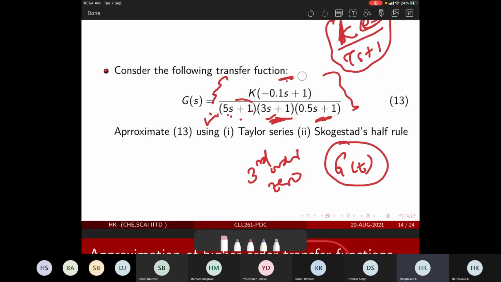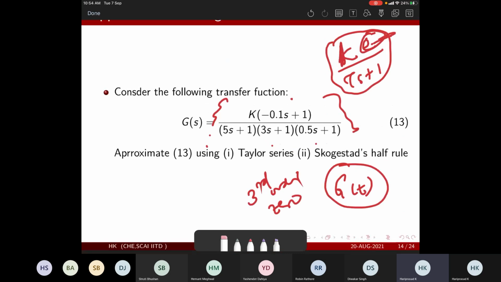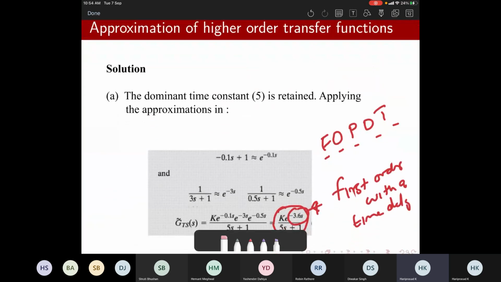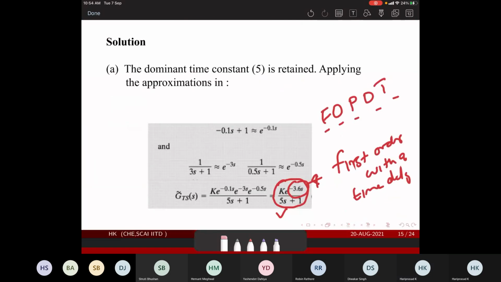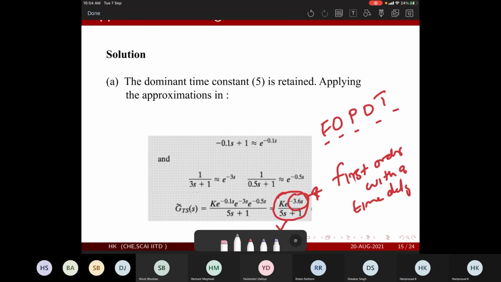So what he suggested in this particular case, okay, you see, this is a third order system with three poles and one stable. What he suggested was very interesting. Let's take the zero, which is 0.5s plus 1. 0.1s plus 1 would be now e raised to 0.1s.